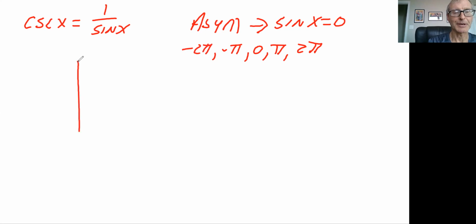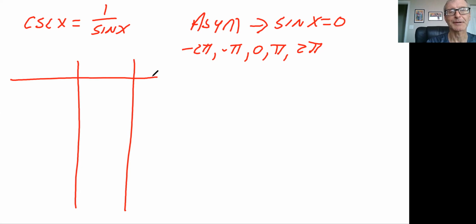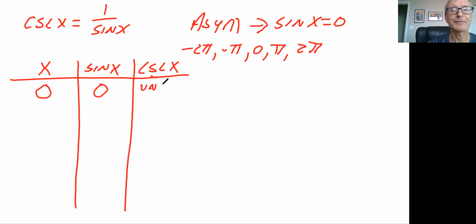Second thing to think about is what happens to both these functions at given angles, right? So we have x, and let's define sine of x and cosecant of x. So what ends up happening? Well, let's just throw in a couple. So when x equals 0, sine equals 0, this is undefined, and so that's where one of our asymptotes shows up.